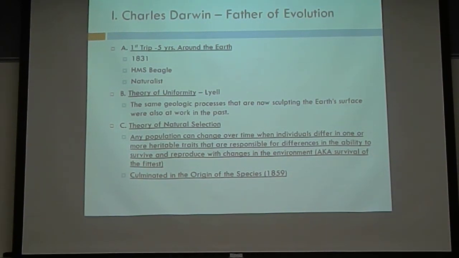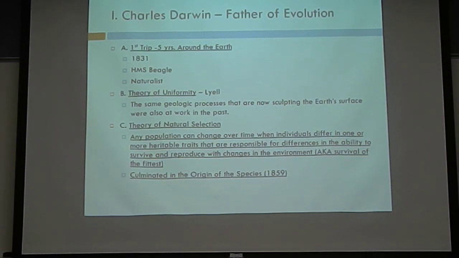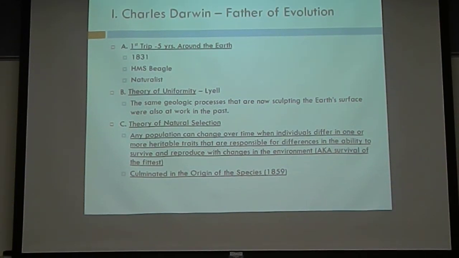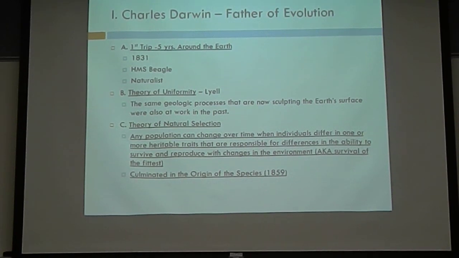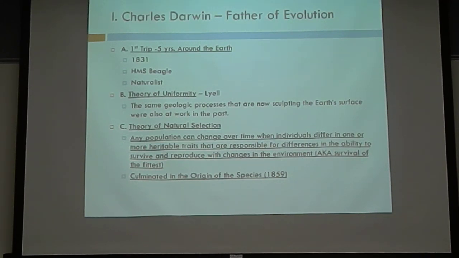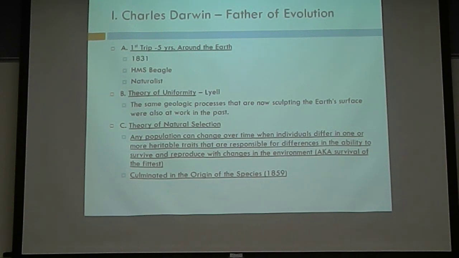Those organisms would later be taken to people in Europe who were identifying and classifying them. We'll talk about that a little later. This trip was going to provide a lot of information about species that hadn't been seen before by Europeans, right?